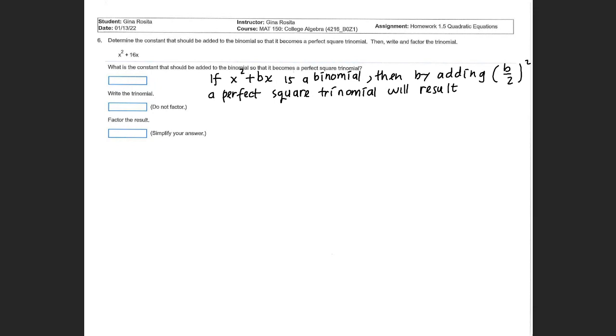So I copy it down over here: x squared plus bx plus b over 2 squared equals x plus b over 2 squared. So now we have to find b first.